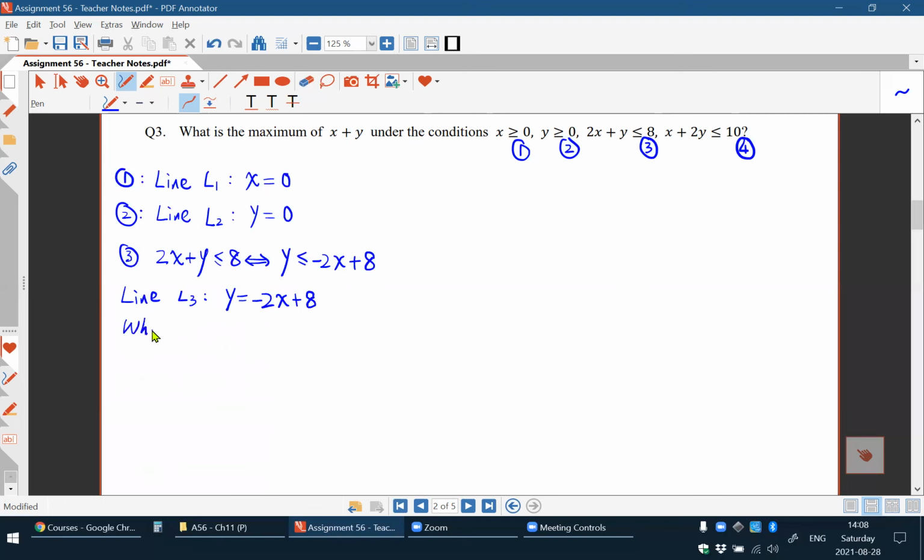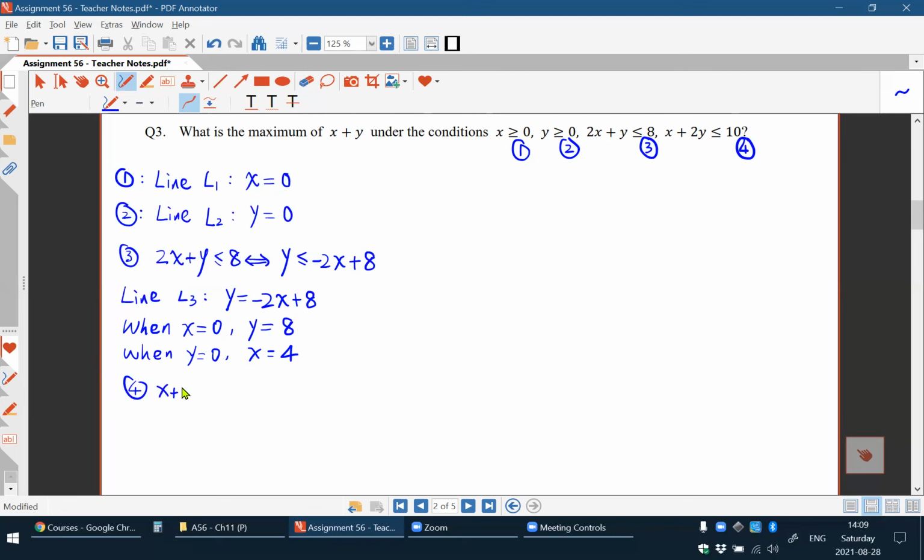And in order to draw it on the 2D Cartesian plane, usually we'll need to find its x and y intercepts. So when x is 0, we know y is 8. And when y is 0, we know that x is 4, right? Okay, so this gives us the necessary information to draw line 3. Okay, we'll leave it for later. Let's see condition 4 first.